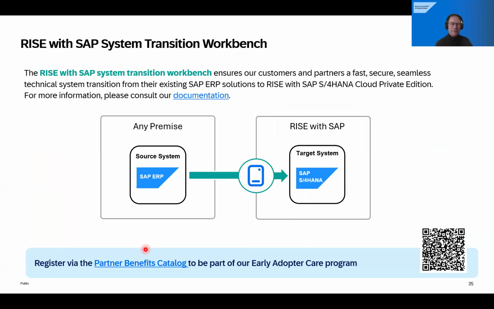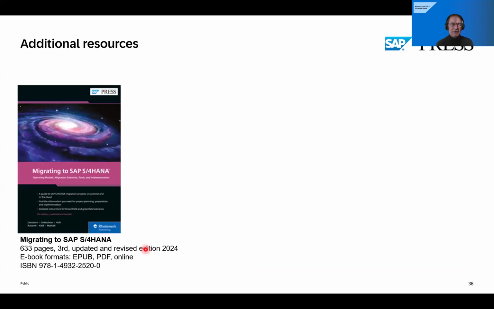And again, we are starting with specifics like lift and shift currently, so the source is already SAP S/4HANA, but in the midterm, this workbench will also be used as an orchestration tool to orchestrate the conversion with the Software Update Manager.